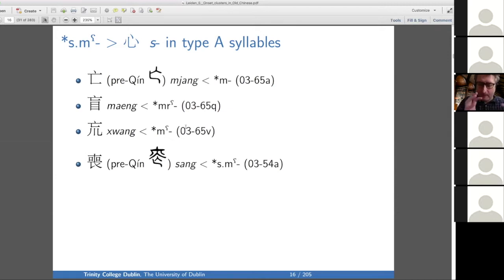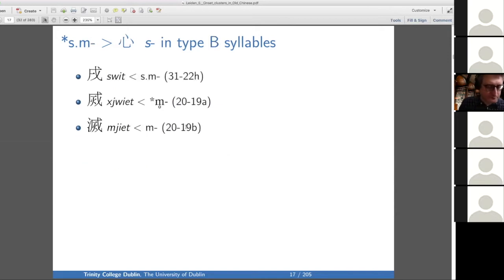So if you look at those first three, you're like, okay, we did that yesterday. But now today we add in, look, what is an S-initial word doing in this series? Well, Baxter and Sagart say, actually, it also was an M-initial, but it had an S pre-initial. So that's their solution to that.